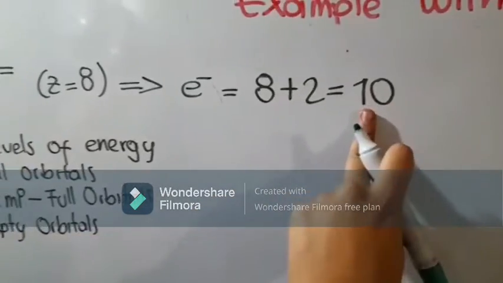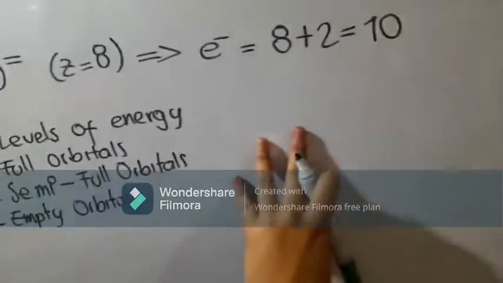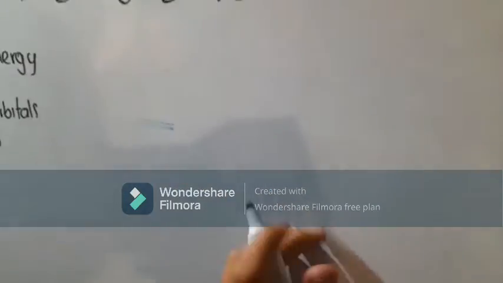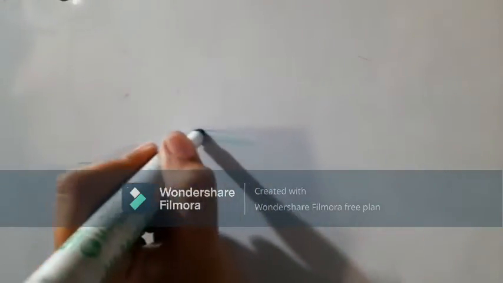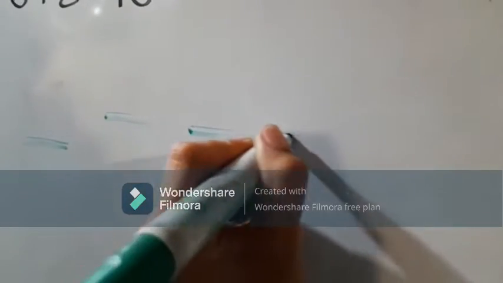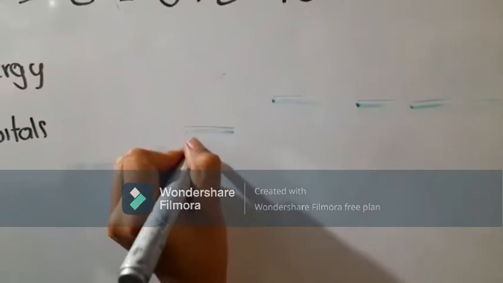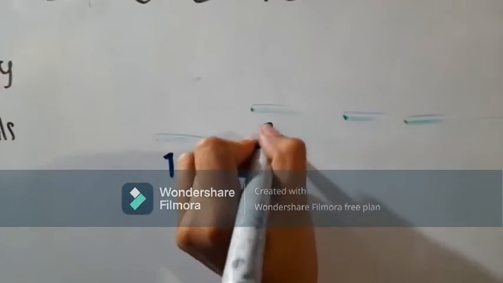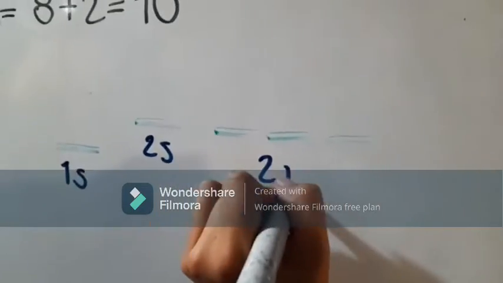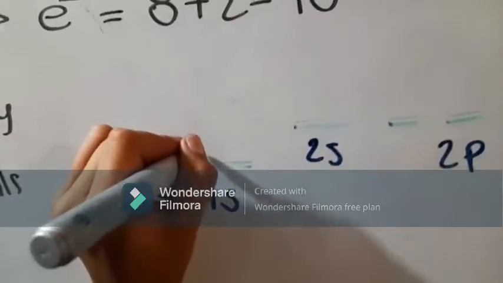When doing the sum, the oxygen has 10 electrons. The orbital process is done, and it has two energy levels, 5 orbitals, and no semi-full or empty orbitals.